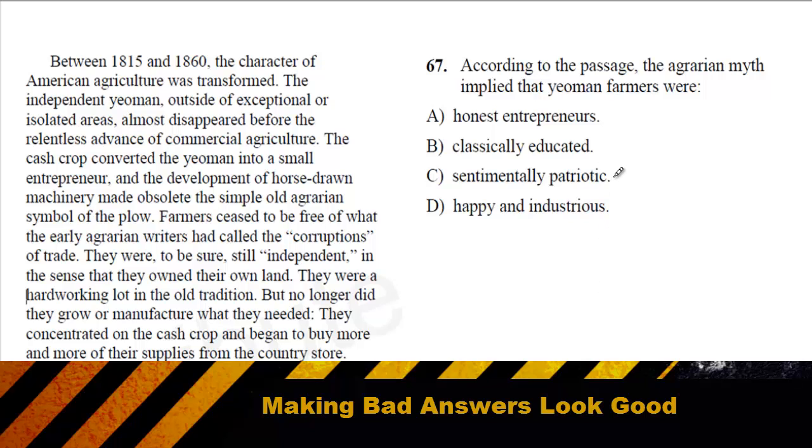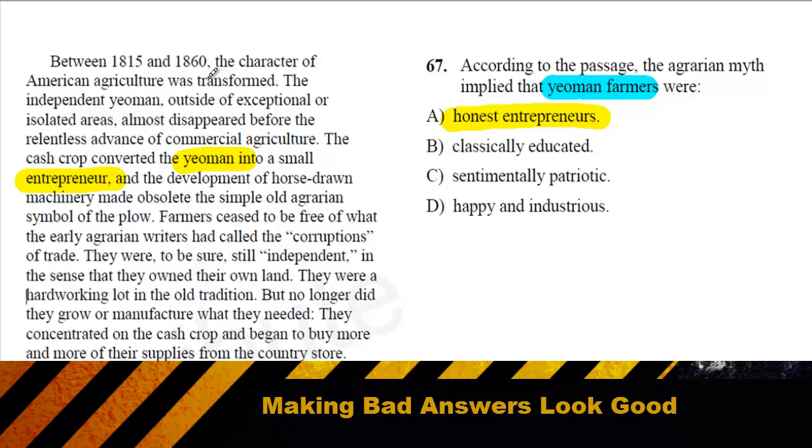In this question, for example, the question asks about the yeoman farmer. And one of the answer choices, answer choice A, describes the farmer as honest entrepreneurs. And somewhere in the fifth paragraph, there is a part where we have the word yeoman right next to the word entrepreneur. So as you read answer choice A, it feels very familiar.